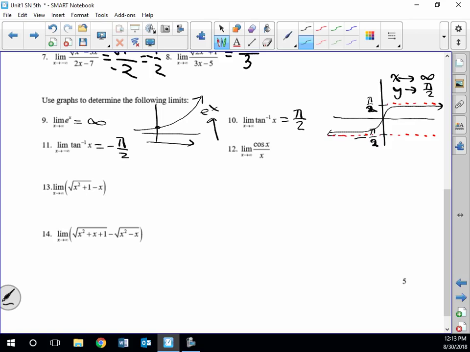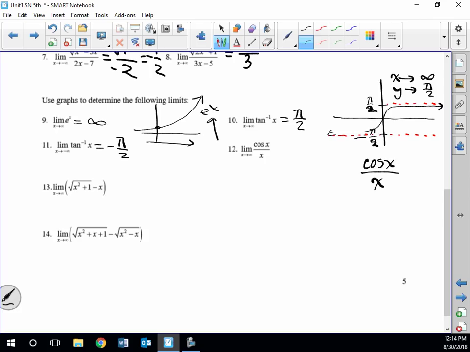Number 12 involves a special technique and a theorem called the squeeze theorem, or when I was taught it, my instructor called it the sandwich theorem, I think. But this is the idea. The largest that cosine is ever going to be is 1.